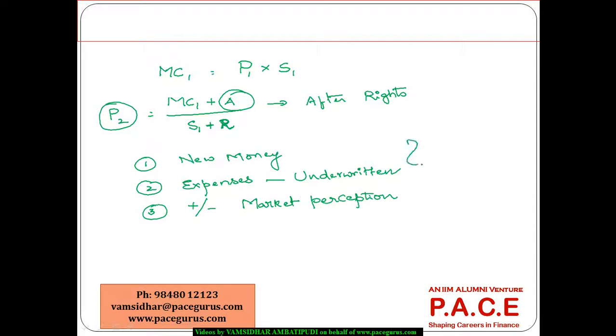So these three on a broader scale are going to determine the price. But generally, on a quick note, if I ignore these two aspects and only look at this in terms of calculating, this is what we call the theoretical ex rights price.